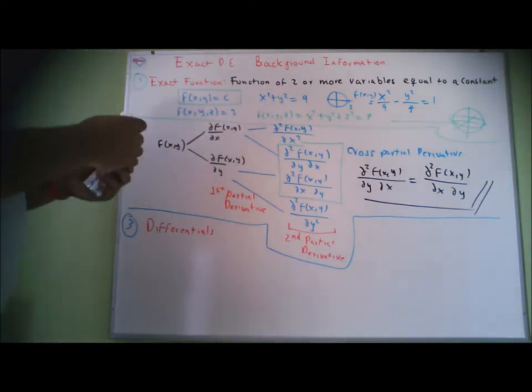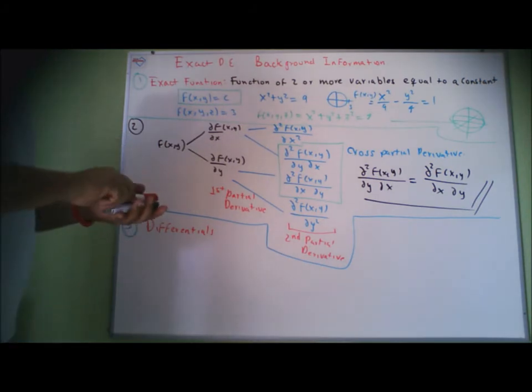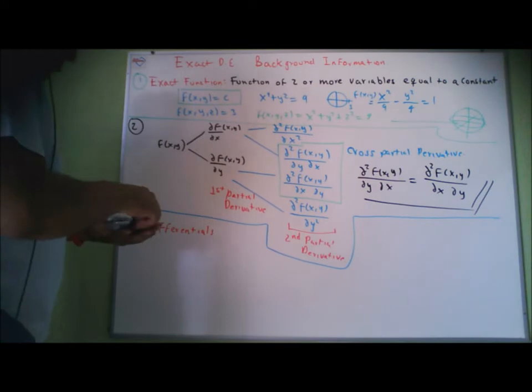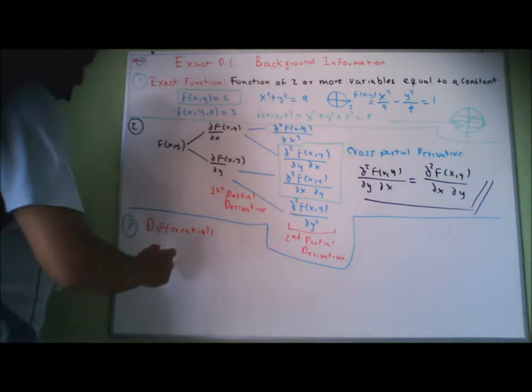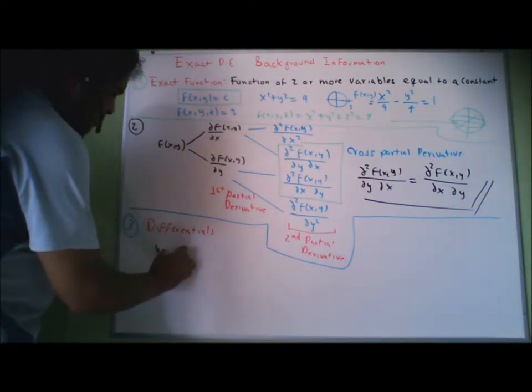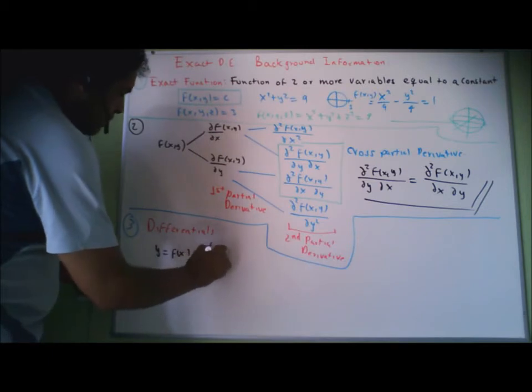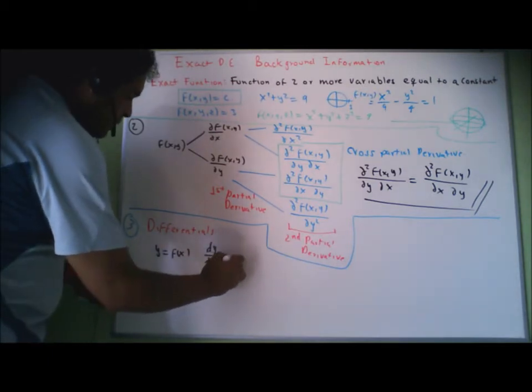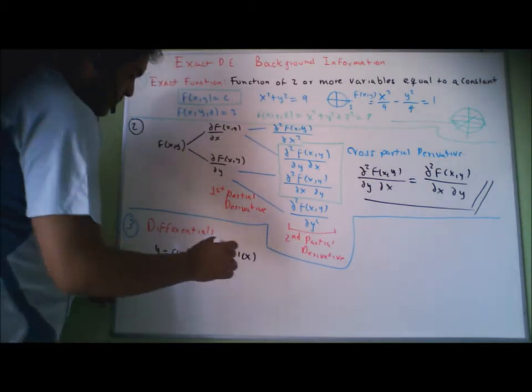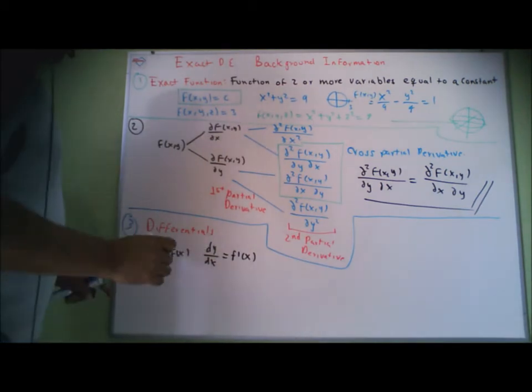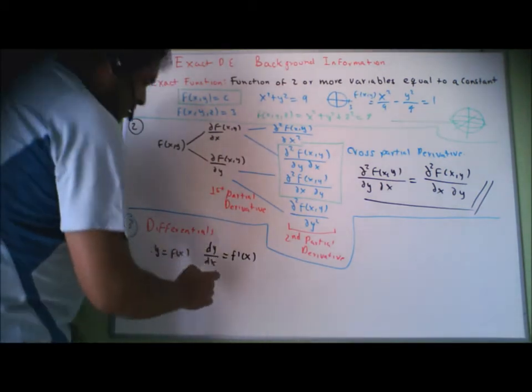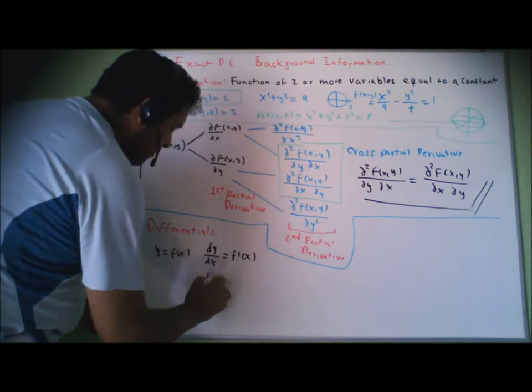For example, let's say that you have y as a function of x, and you take the derivative of y with respect to x, so that is f prime of x. So it's the derivative on both sides. So this is the derivative, but the differential will be differential of y equal to f prime of x, differential of x. So that is the only difference.